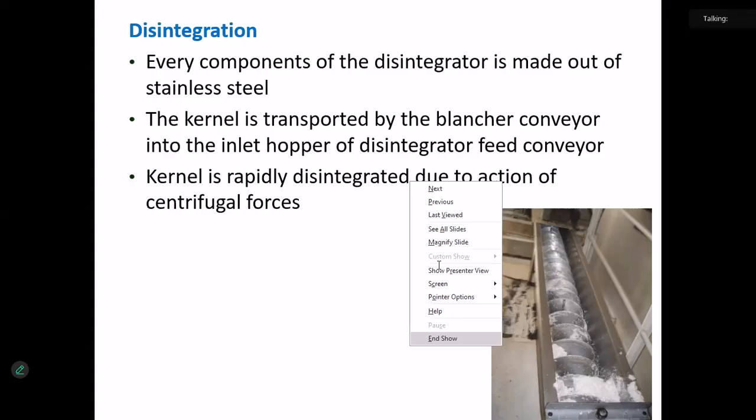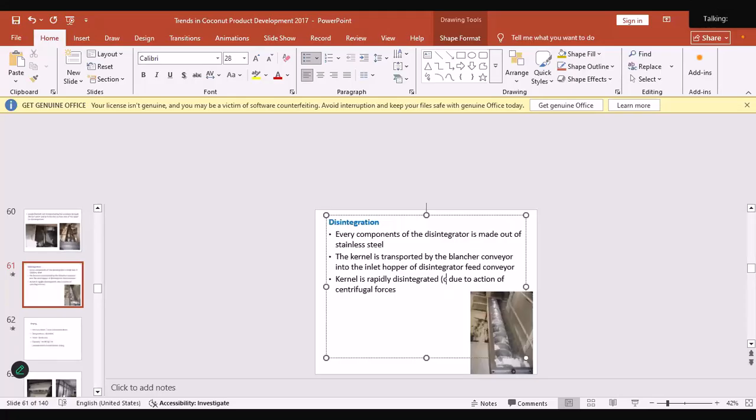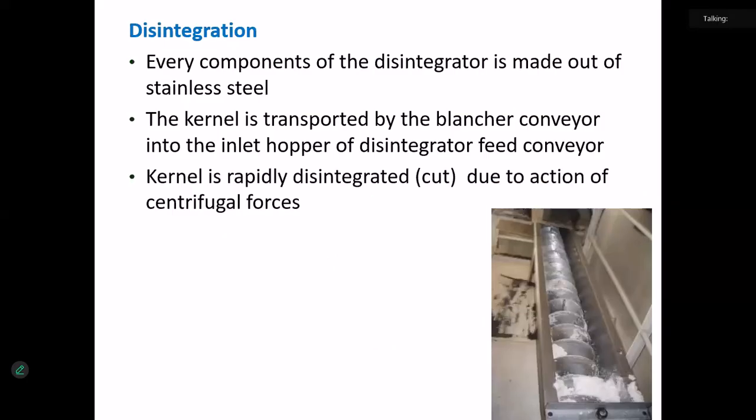Disintegrated means cut. The kernel is rapidly cut due to the action of centrifugal forces. This is a circular blade, so this is the cutting edge. Centrifugal force goes away from the center, and that is the cut.